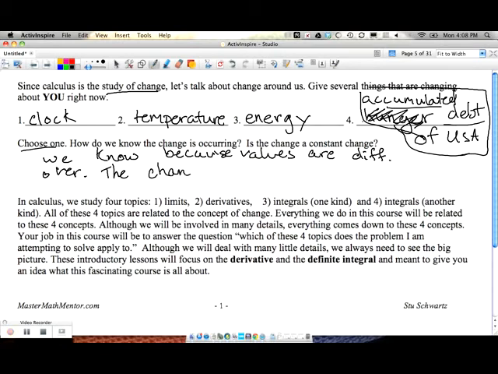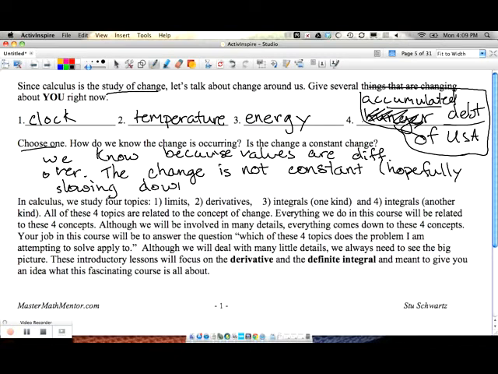The change in this case is not constant. Hopefully it's actually getting better. Hopefully slowing down or decreasing, because our debt has been increasing quite a bit.